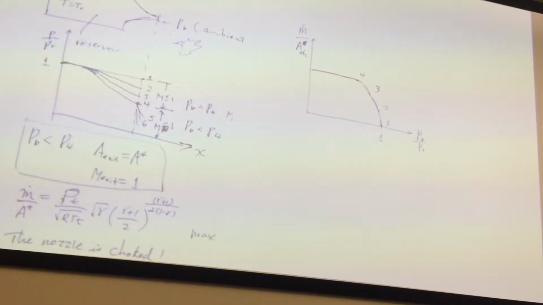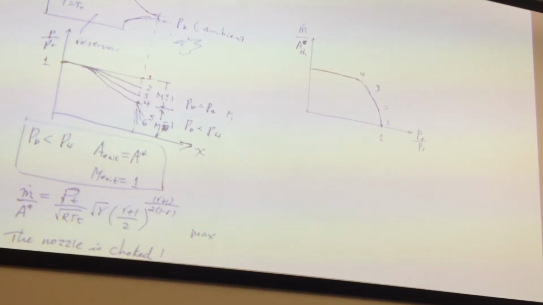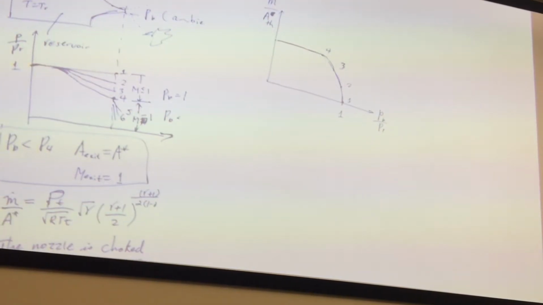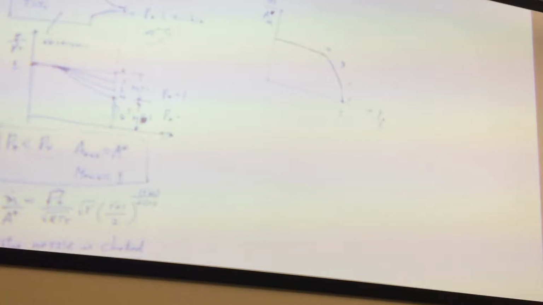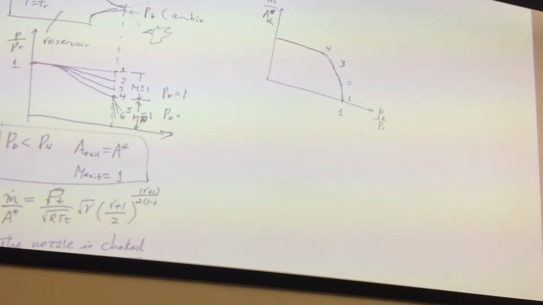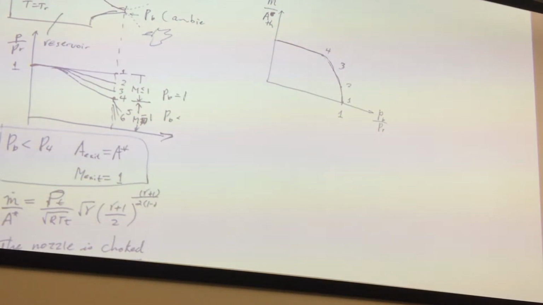Yeah, okay, focus. It's adjusting. Yeah, this is good?